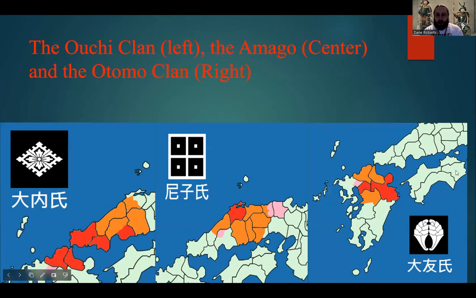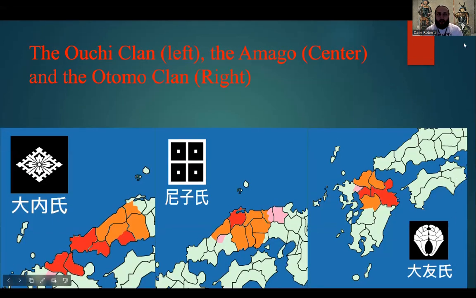And so during his leadership of the Mori clan, he would both ally and war with the various surrounding clans at different times in his life. Sometimes allying with, say, the Ochi clan, sometimes fighting the Ochi clan and allying with the Amago clan, as well as the same with the Otomi clan.